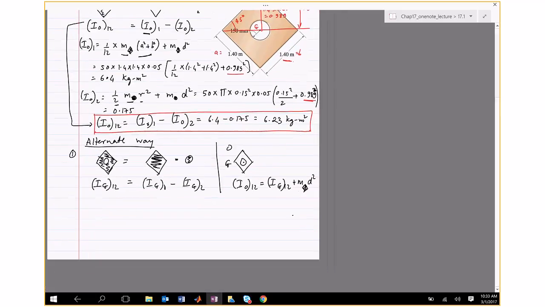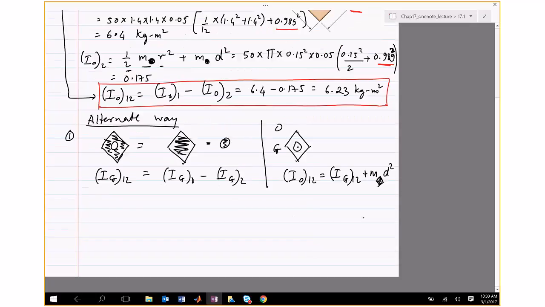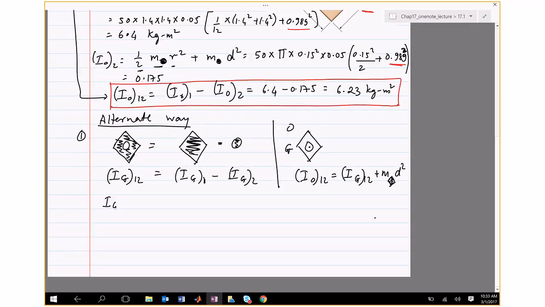Okay, so let me write this down really quickly. IG12 is IG1, the inertia about G, which is 1/12 times mass times a square plus b square, minus the inertia about the center of mass for the disk, which is half m disk times r square.